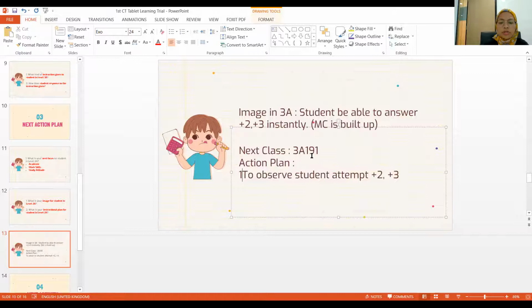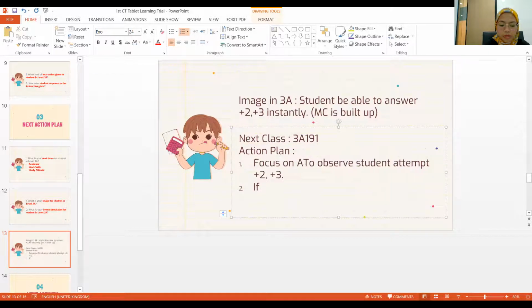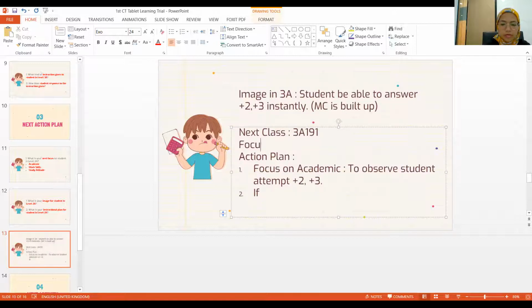This is the first one. So your action plan is only to observe. But academic, my action plan is focused on the academics first.